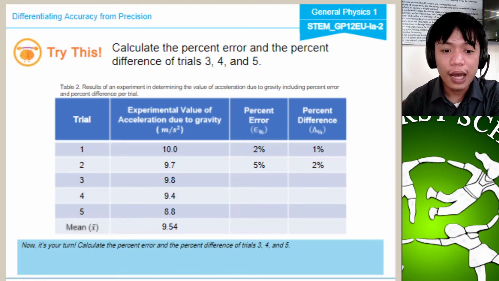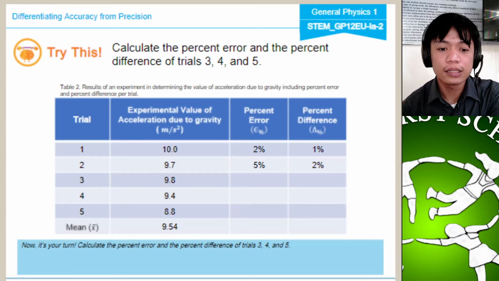So, ano kaya? The question is, yung fifth trial natin, what do you think? Is it high accuracy ba siya? Accurate ba yung kanya? How about number 4? Is it high accuracy?